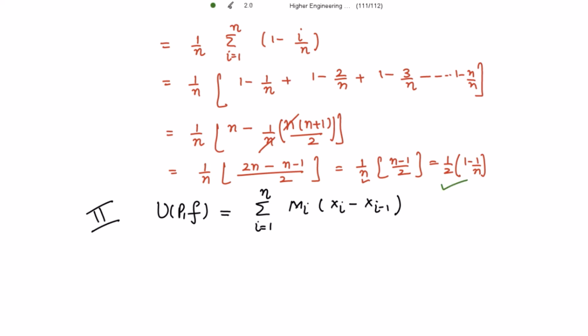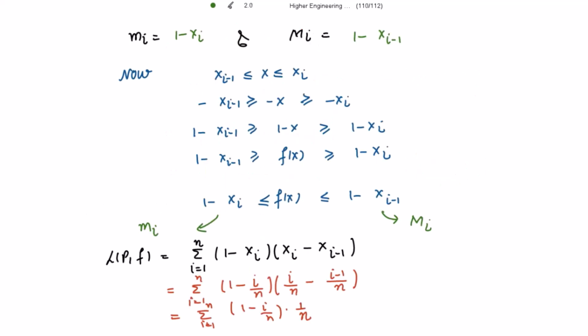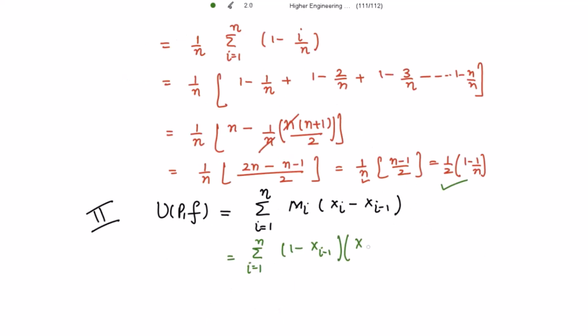Now calculating the upper Riemann sum. This is equal to the summation i going from 1 to n of capital Mi, which is 1 minus xi minus 1, into xi minus xi minus 1. So this is equal to the summation i going from 1 to n of 1 minus (i minus 1) divided by n, into i by n minus (i minus 1) divided by n.